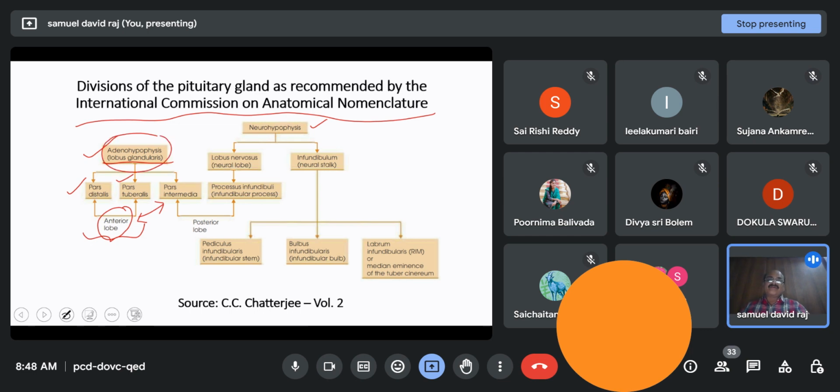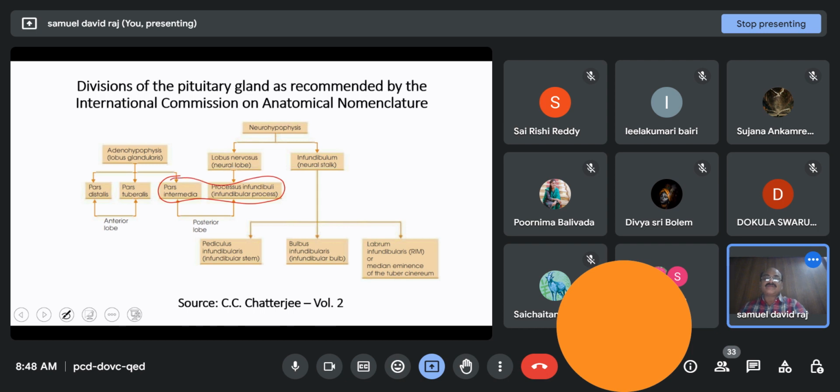Okay. Next, coming to the neurohypophysis, it consists of the infundibulum and the second part, that is lobus nervosus or pars nervosa, or neural lobe, we can call it. And this neural lobe continues to form the infundibular process. So scientists call pars intermedia along with the neural infundibular process the posterior lobe.